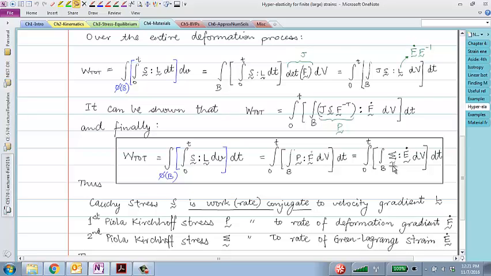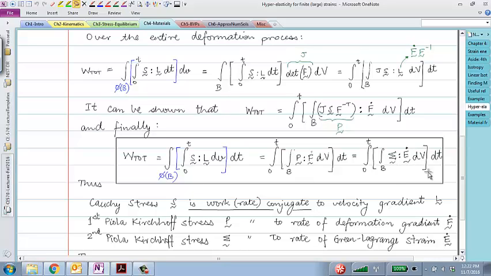When you take Cauchy stress, you have to choose linearized strain. That would be work conjugate to give me a work type term. If you choose first Piola-Kirchhoff, you have to choose F. So P is work conjugate to F, and second Piola-Kirchhoff is work conjugate to the Green-Lagrange strain E.